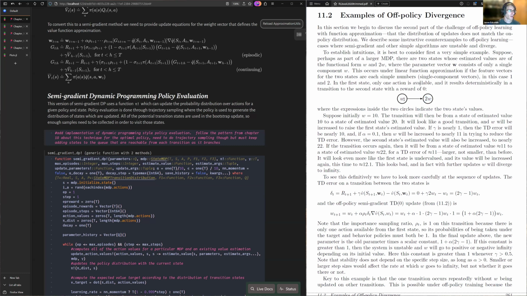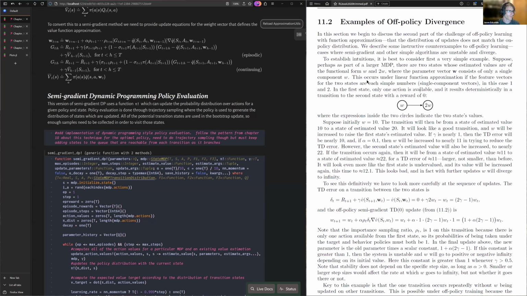And then because of whatever form of the function approximation is, these values are forced to be connected in this way, where one is estimated with a value of W and the other is estimated with a value of 2W. And then the rewards are 0 in this case on all transitions. So there's always a reward of 0.